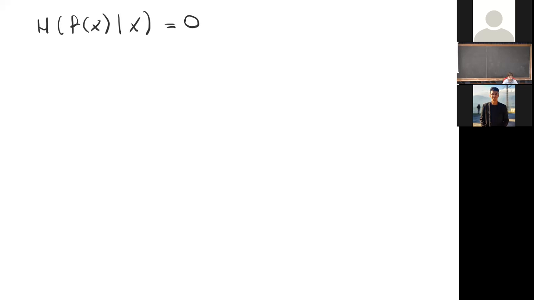You just need to apply the function. So f of x is not random any more. There is no more uncertainty about it when I tell you x. And therefore, this has to be 0. Or said differently, if I tell you x, you don't get more information by applying a function of it, because this is just an operation you do. You could take another function, you would get a result.